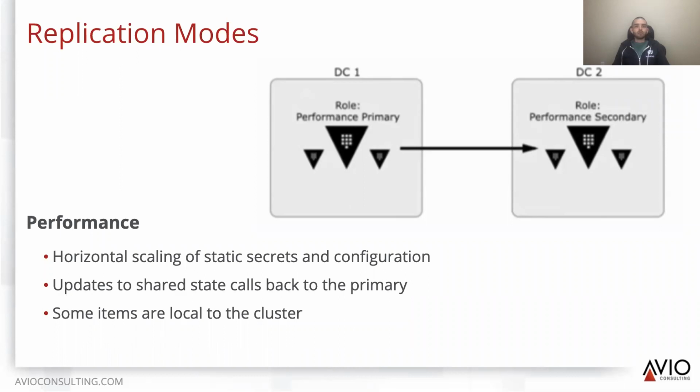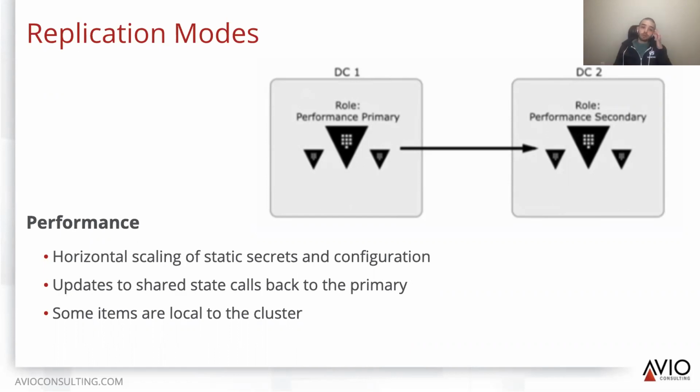Another thing important to note here is that some items remain local to a cluster. For example, cluster-specific configuration, tokens and leases, or local mounts, those won't be replicated to secondaries.